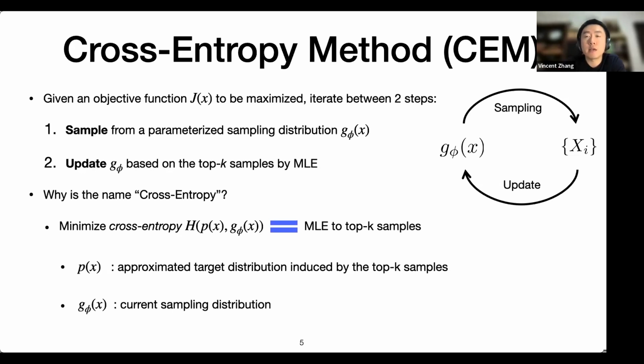So iteratively, on a high level, we want to move this sampling distribution toward better samples. And eventually, those better samples would be the best samples in the solution space.